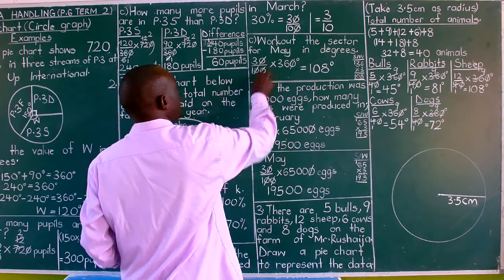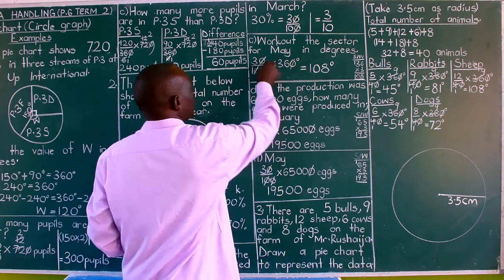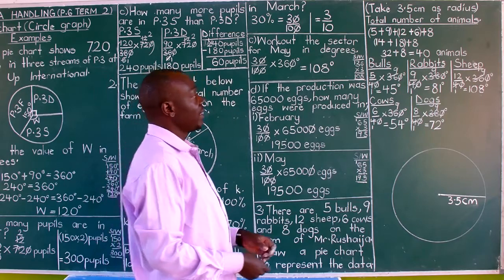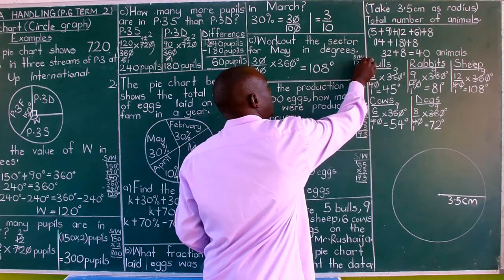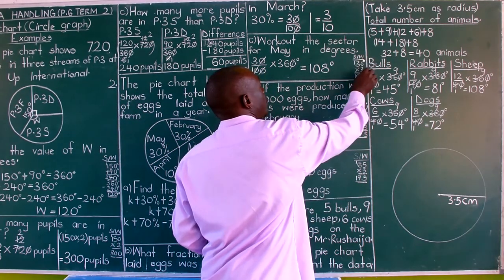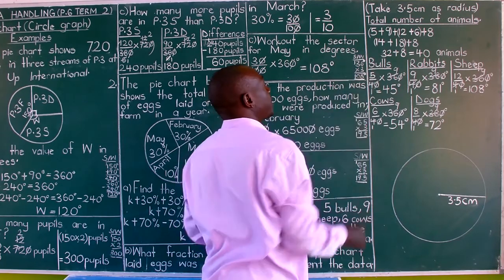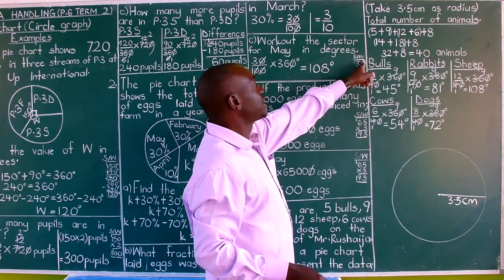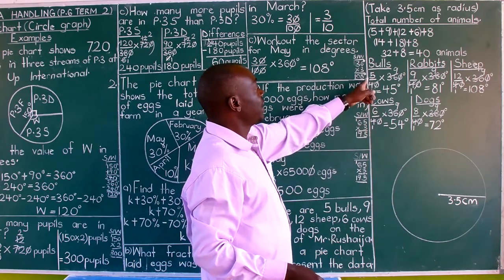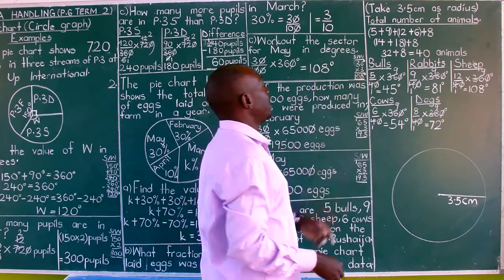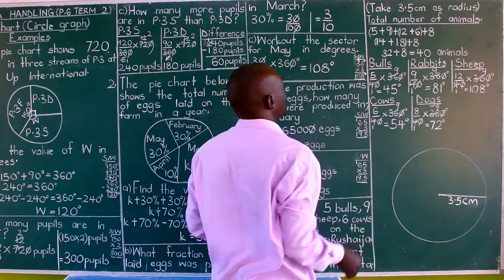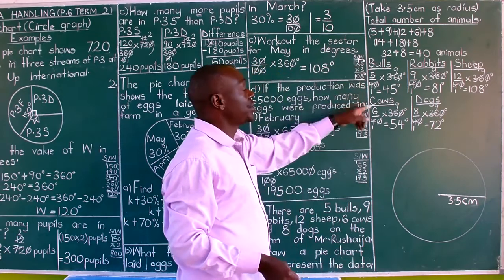So cancel by 10 and by 10, and then by 10 and 10, we shall make 3 times 36. And then multiply here in our side work, you will multiply 36 by 3, where 3 times 6, you get 18, write 8, and regroup 1, write a 1 on top here, and say 3 times 3 is a 9 plus 1, you get 10.